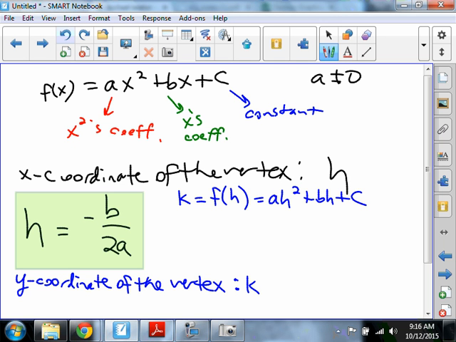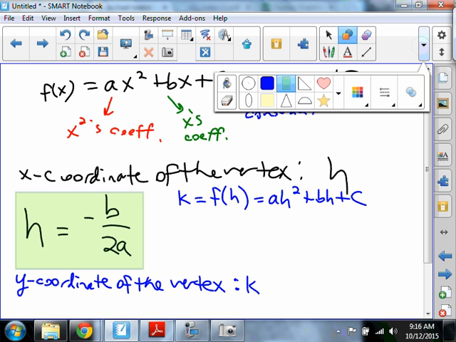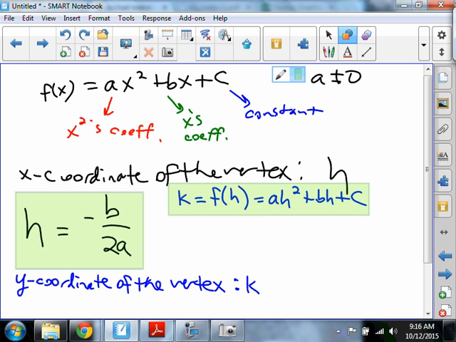Houston, there's a problem with that one. There's two problems with that one that I see. One of the problems is this. If you mess up your h, you mess up your k too, right? In addition to that, what happens if your h is a fraction? Then you're going to be dealing with a mess of fractions, right?